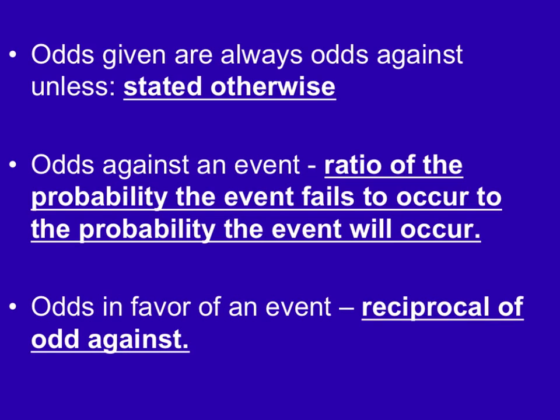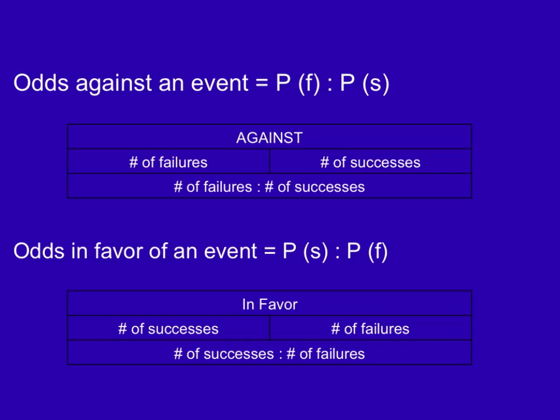Now if we talk about odds in favor of an event, this is just going to be the reciprocal of odds against. So basically it just switches places and we list in favor first and then odds against second. So the odds against an event is the probability of failure to the probability of success.